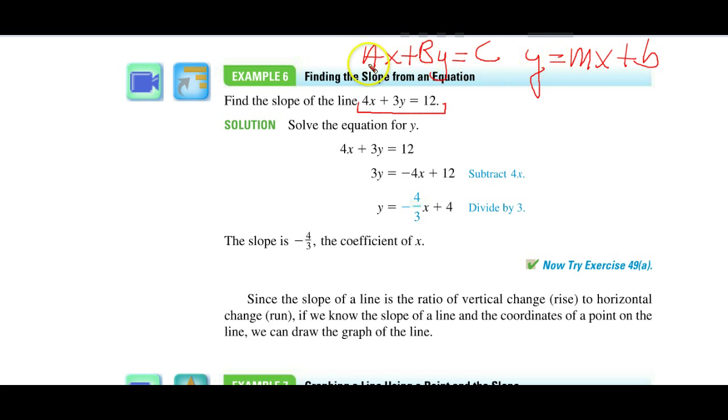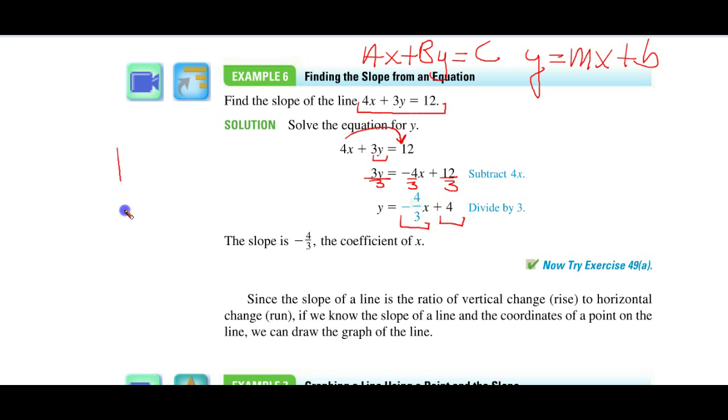Well, the answer is to solve this equation that's in standard form here for the letter y. So we transpose that to the other side. It changes its sign. And then we divide everything by 3. We get y by itself. So now the negative 4/3 is the slope, and the plus 4 is the y-intercept.